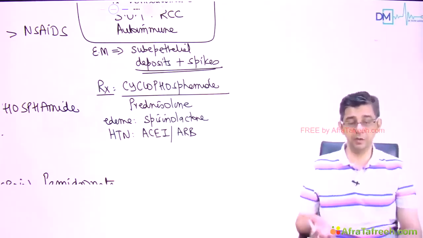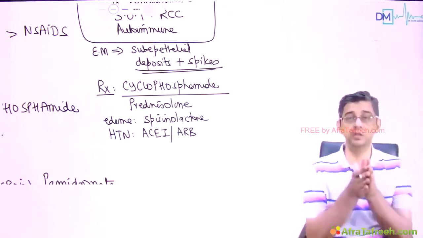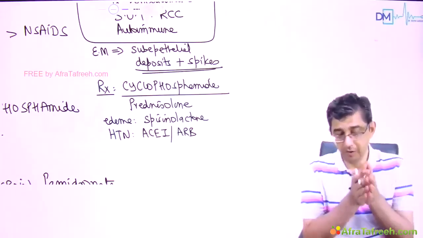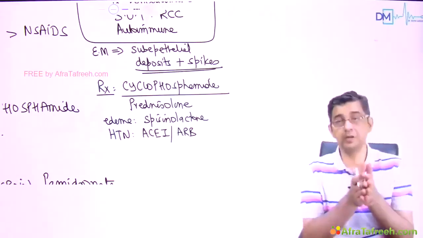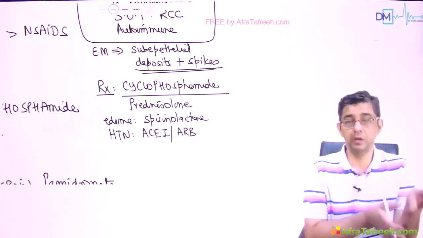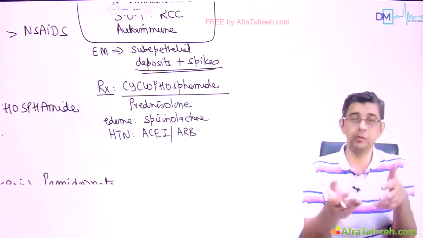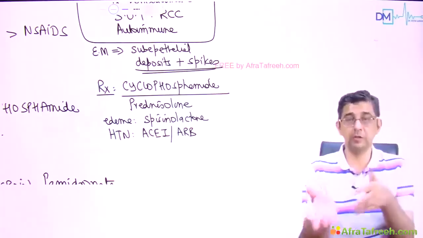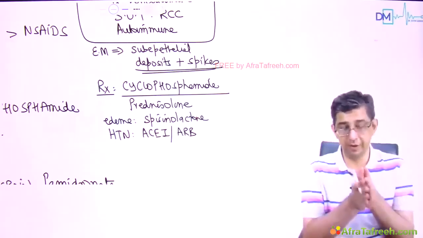I will calculate the GFR on the basis of the CKD-EPI formula or MDRD formula, and depending on the values, I will manage the patient proportionately. If the GFR is low, you have to reduce the protein intake by that amount, because if you give a normal amount of protein, it will cause more urea, and urea which is not excreted by the kidney is definitely not a welcome finding.